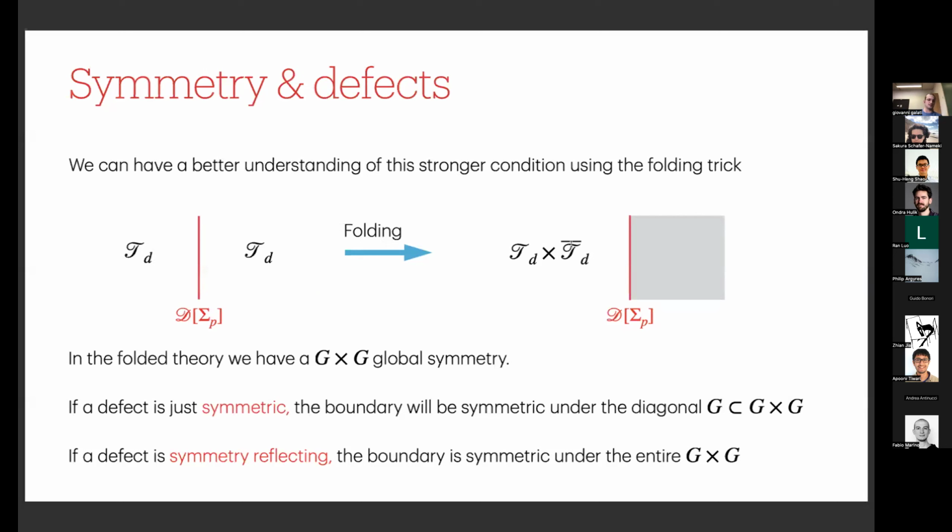However, if the defect is symmetry reflecting, this implies that the boundary condition is symmetric under the full G times G symmetry of the folded theory. So in this sense, you understand that this condition is stronger and it implies the one of symmetric.